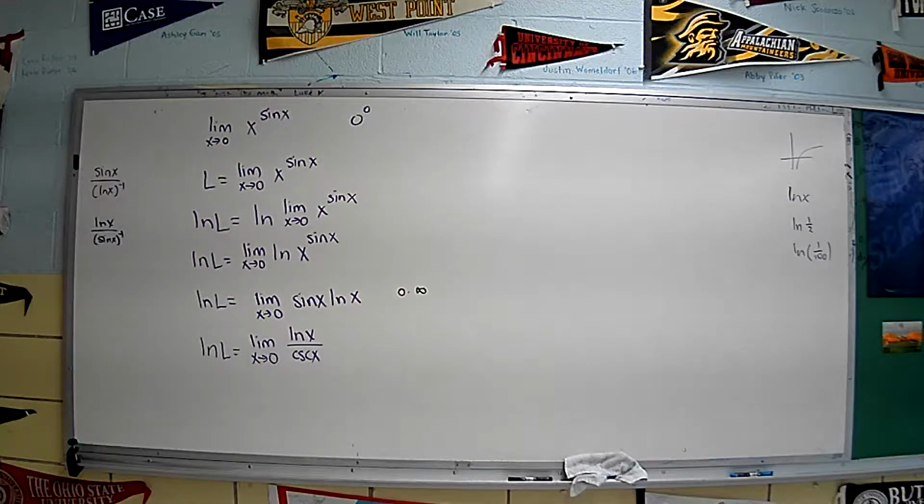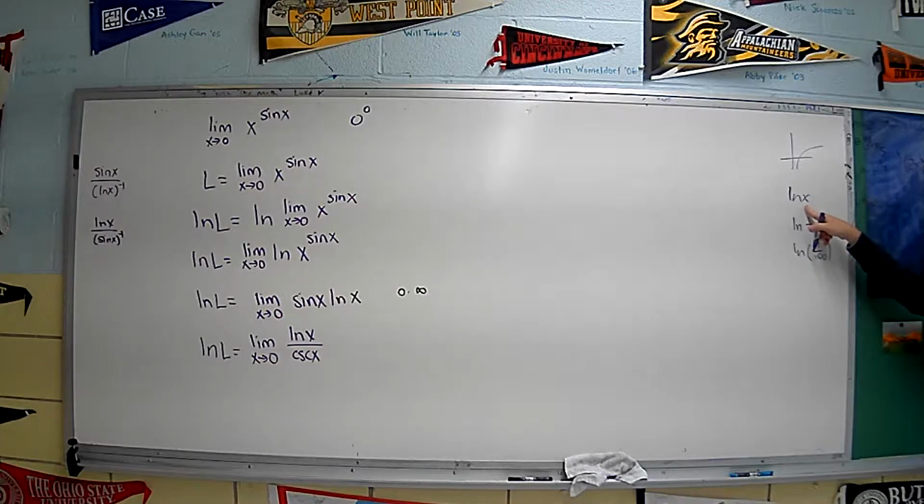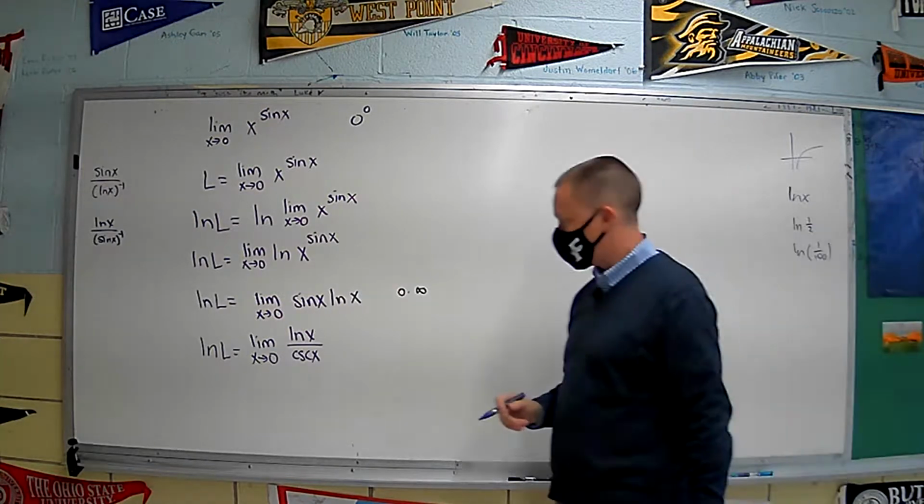How does e get really, really small? What exponents do you have to put on e that make it really, really, really small? Numbers that are approaching 0. Think about e to the x. As x goes to negative infinity, what's happening to e to the x? It's approaching 0. That's why the natural log of x, as x goes to 0, is approaching negative infinity. Okay? All right. So we happy here?